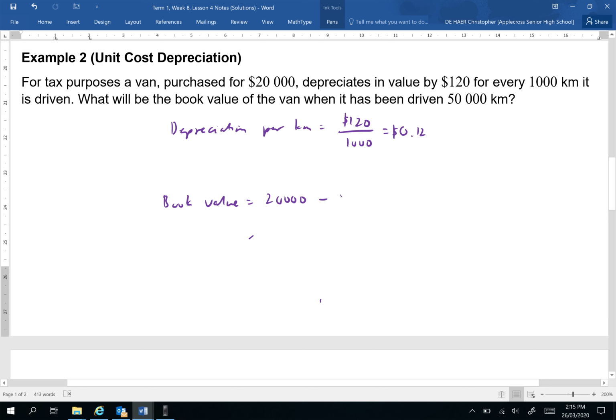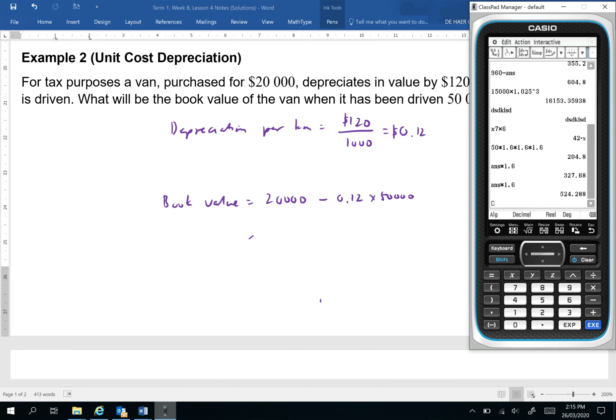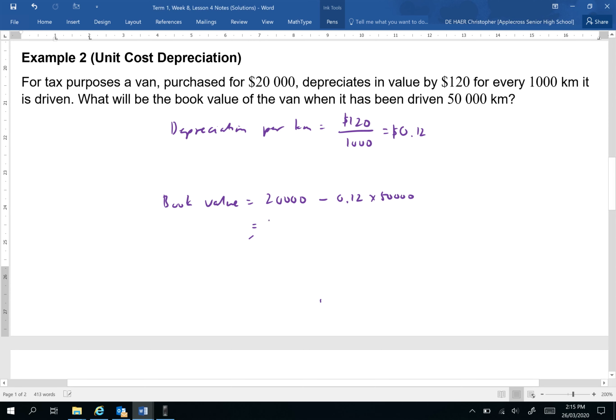So we're going to take off 0.12 times the number of kilometres it's been driven. That can just be done on the class pad. So the vehicle after that time is valued at $14,000.